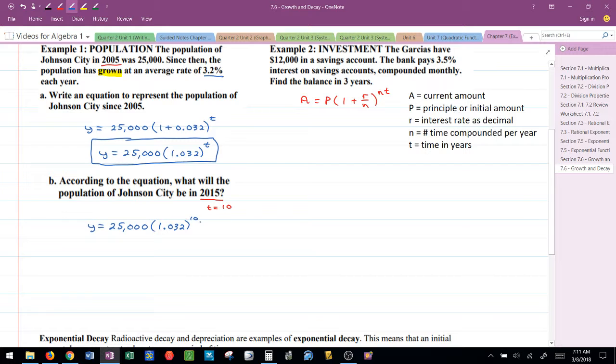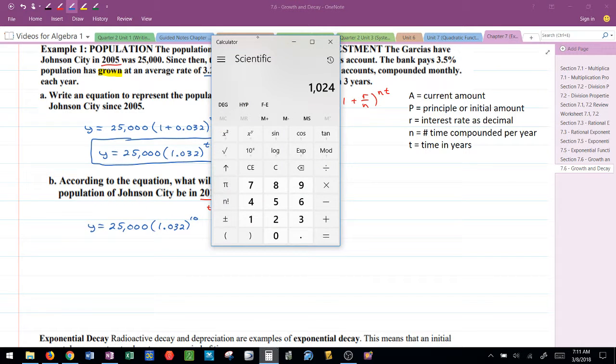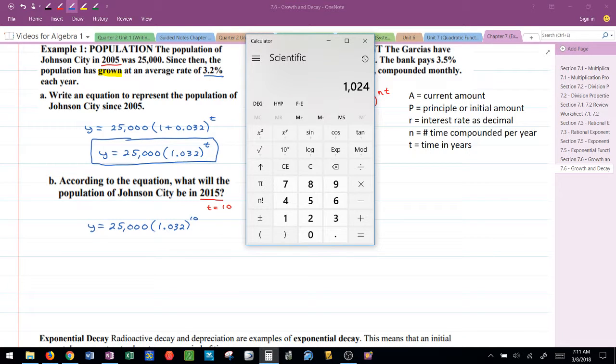All right. Now, as you guys know, I don't trust my calculator. So when I pop my calculator up here, I'm going to focus on figuring out the exponential part first and then multiply that times 25,000. So here we go. We've got 1.032 raised to the 10th power equals. So that's what 1.032 to the 10th power is equal to.